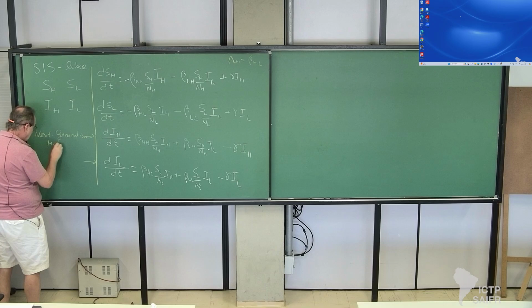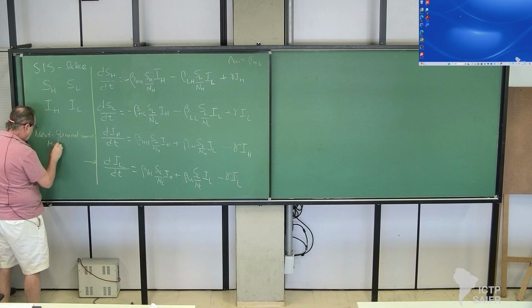And at the very beginning, this will be 1. This will be I index high minus gamma index high.